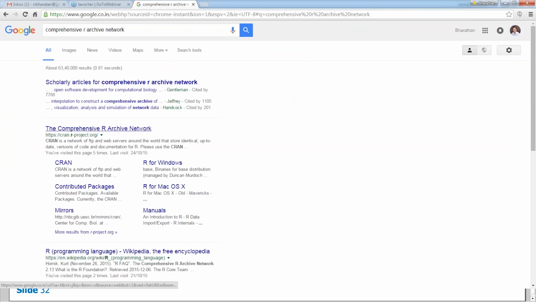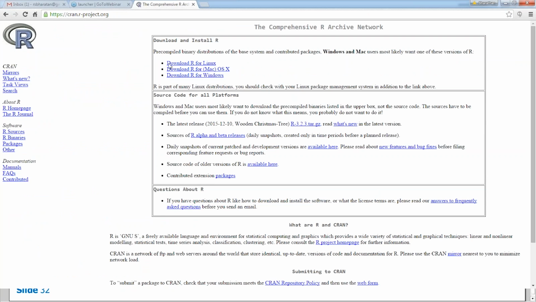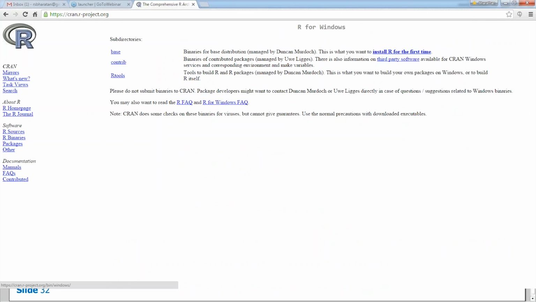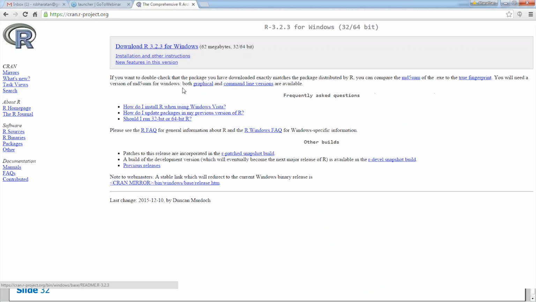Log in here, and you can download it for the operating system that you have on your PC. Right? And you can either download a 32-bit version or a 64-bit version based on the machine you have. In fact, I think I should rather say the exe that you would download has both the 32 and the 64-bit versions within it. So when it comes up for installation, you'll only have to choose that particular bit type that you are interested in. Okay, so you can download it from here.